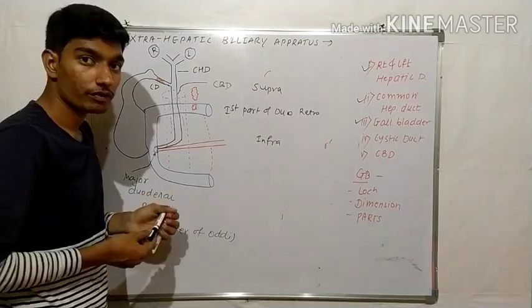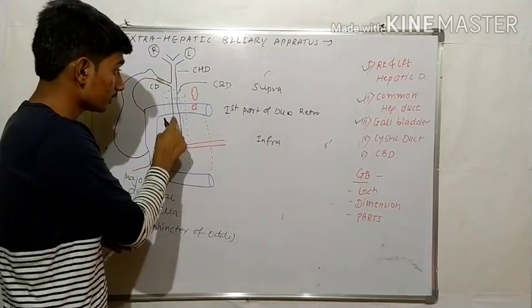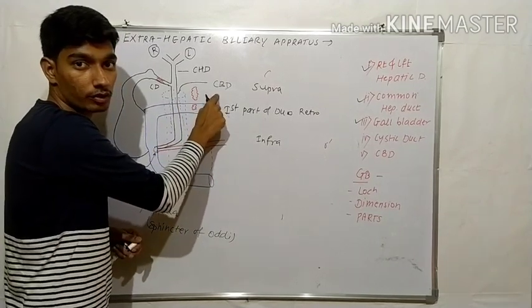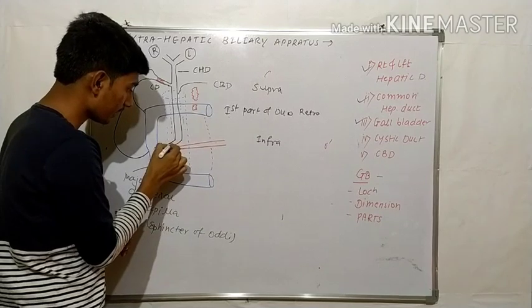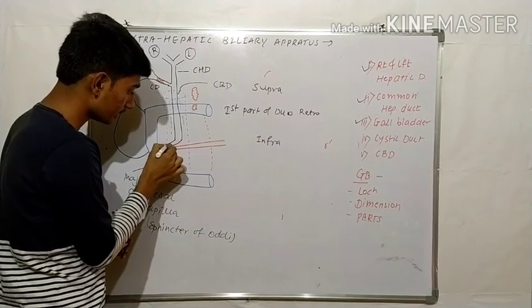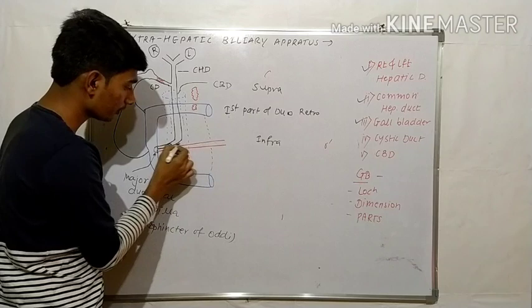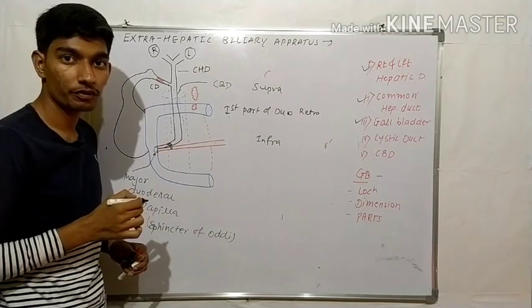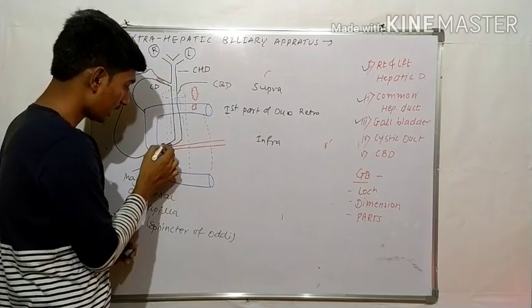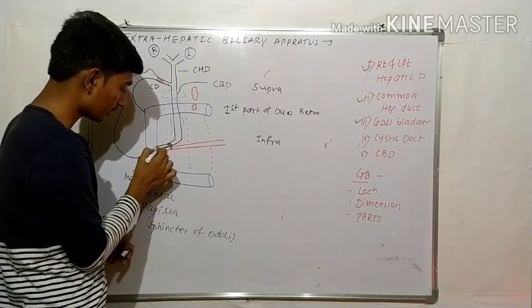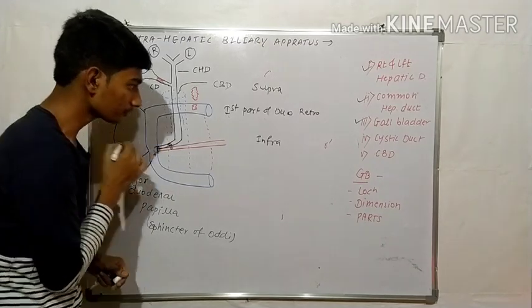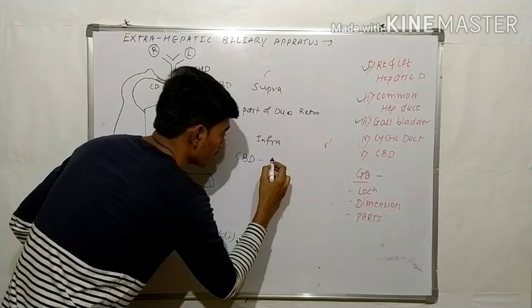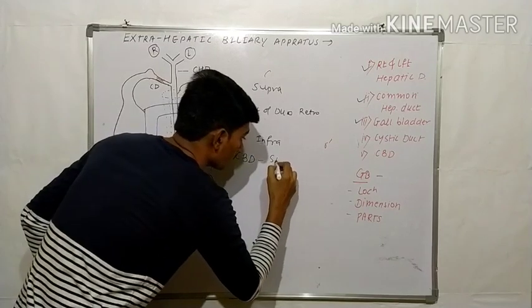The opening of the common bile duct is guarded by a valve known as sphincter of Boyden, and the opening of the pancreatic duct is guarded by the sphincter pancreaticus.